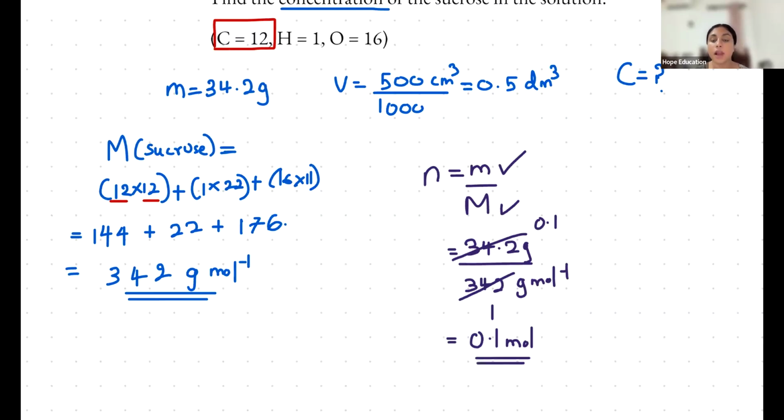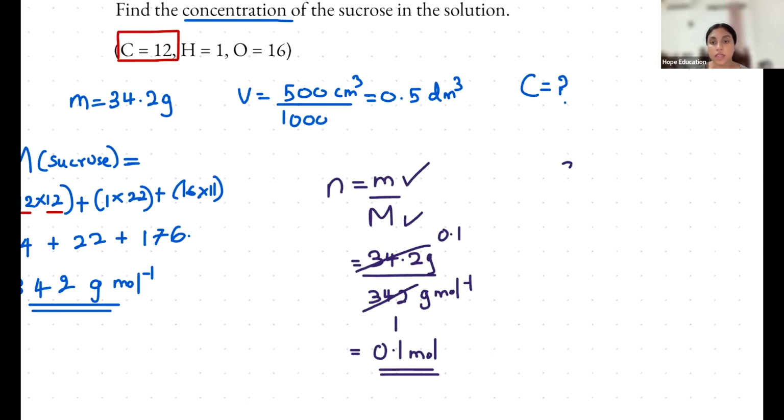Now as a second step, I will go to c equals n over V. Then see, it's easy for us, isn't it? Because I have found the number of moles, and I have the volume here, I will add that and I can find the concentration. Number of moles 0.1 mole, we have found it. Volume 0.5 cubic decimeters, we have already found it.